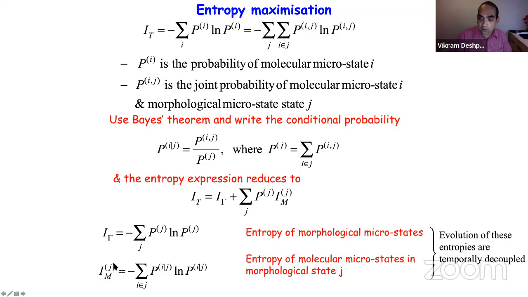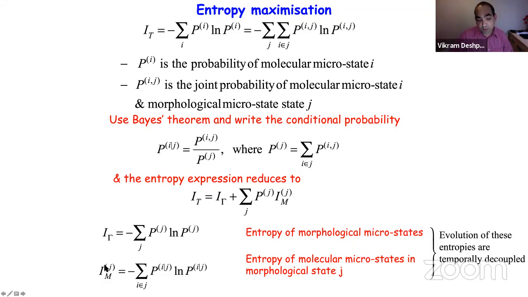So we have these two different entropies. But what we are going to do is say that because this entropy is evolving on the time scale of nanoseconds, while this entropy is evolving on the time scale of minutes, the evolution of these two entropies is temporally decoupled, and we can maximize these two entropies independently, and that's how we can then maximize the total entropy.